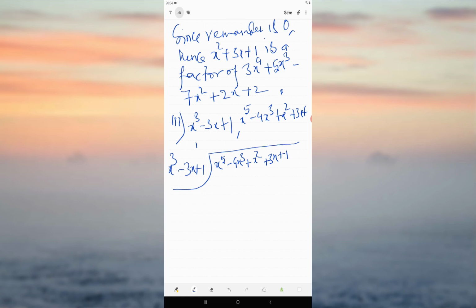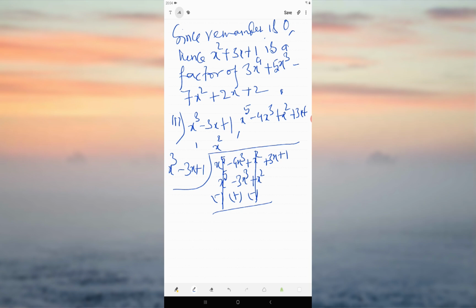So the first thing we will get is x square. So we will get x to the power 5 minus 3x cube plus x square. Minus plus minus, this goes.